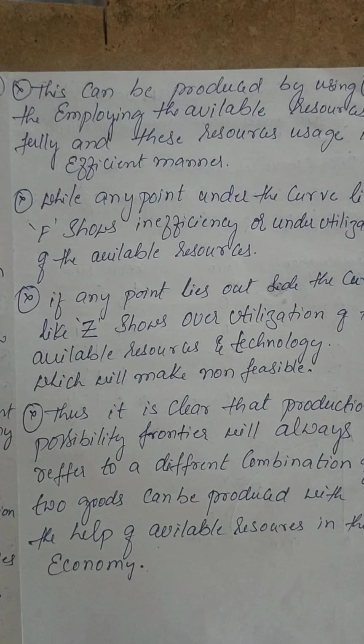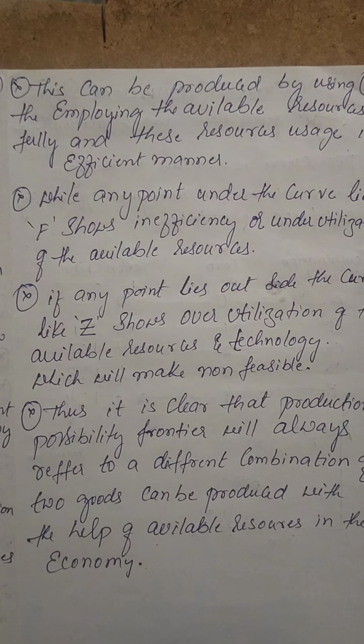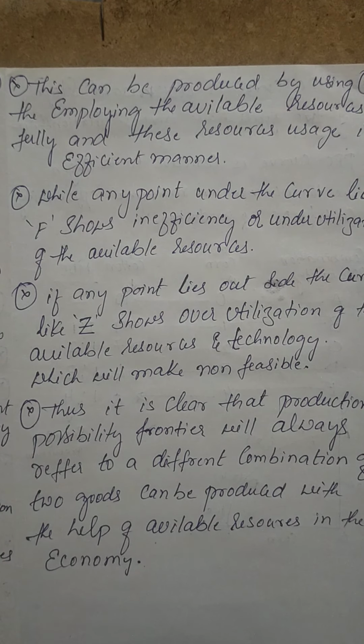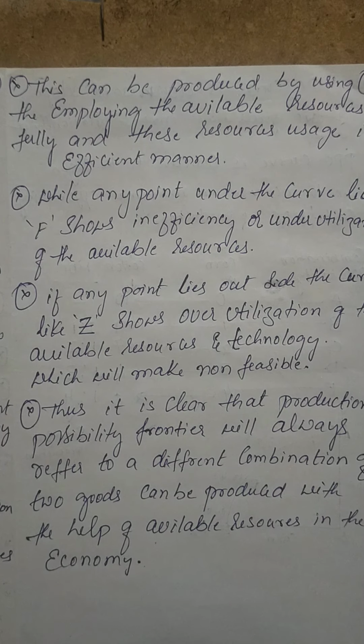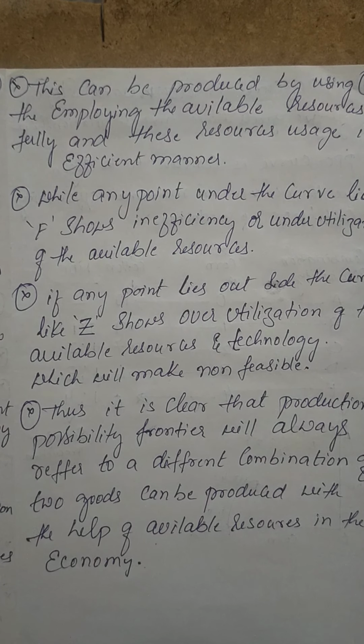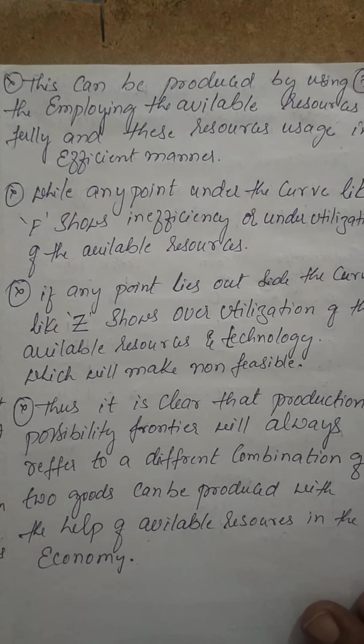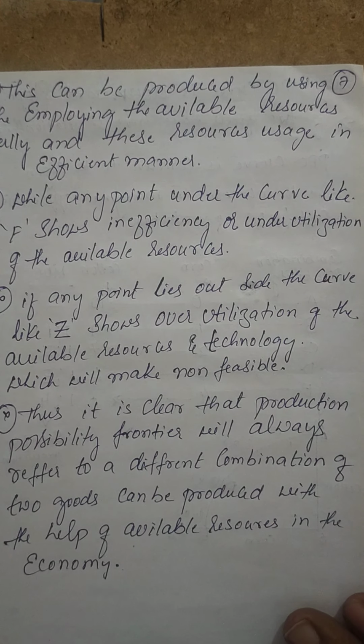Inefficient means the person or a particular machinery is not used in an efficient manner. For example, a skilled person like a labor, his knowledge is not completely used for the production. Understood? And a machine which is ready to produce a maximum amount of output, and nobody is there to operate it in a proper way.